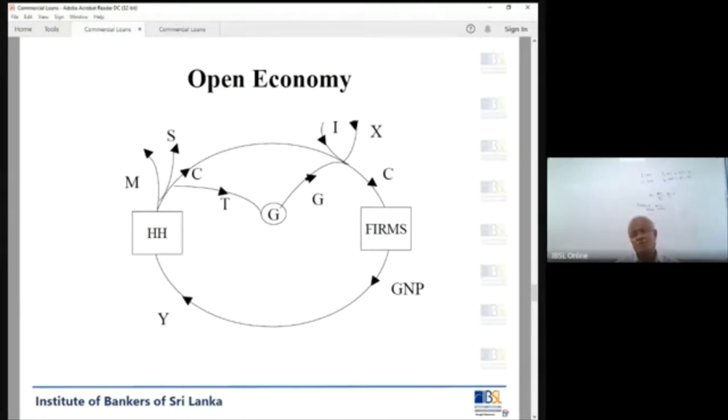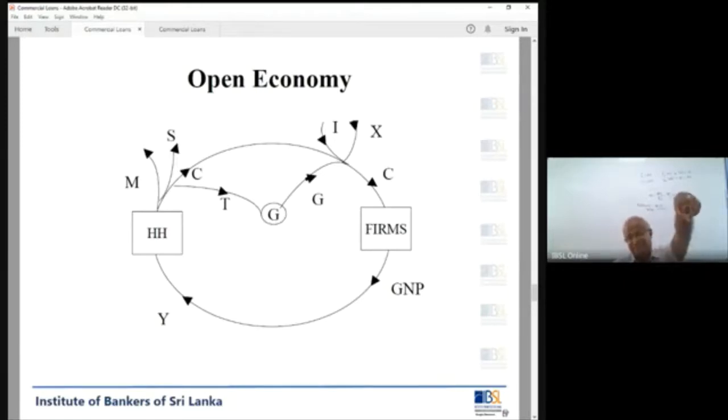Open economy model. Now we are getting complicated here. Open economy. What are the new sectors? How many sectors? Households, government, firms. Now here you have a sector that is hidden. What is that? Foreign sector.